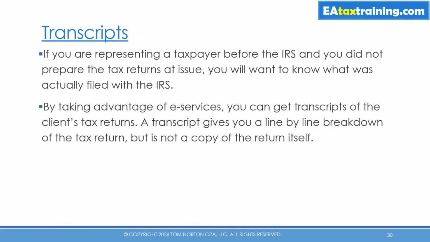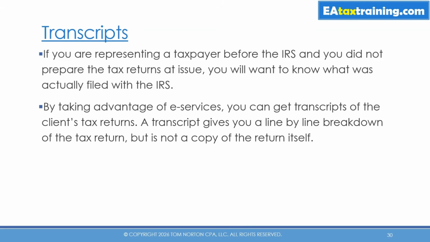Or maybe the IRS made an adjustment. So there was an error made, and the IRS got the return, noticed the error, and just adjusted it themselves. So you want to make sure that you are looking at the right information, so you can get a transcript. What a transcript does is it shows a line by line breakdown of the numbers on the tax return. So it's almost as good as having a copy of the tax return itself.